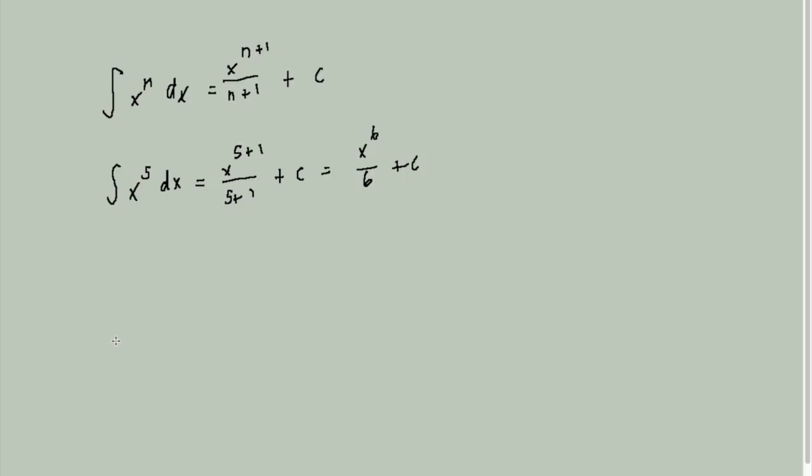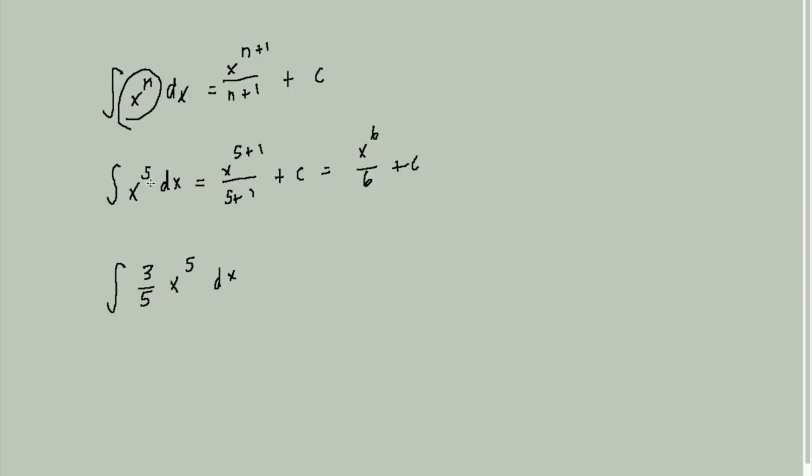This power rule can be used for more situations, such as this. We have 3/5 x to the fifth power dx. There's a big difference between this x to the fifth and 3/5 x to the fifth, because we can only use the reverse power rule if it's specifically in this format, just x to the n.